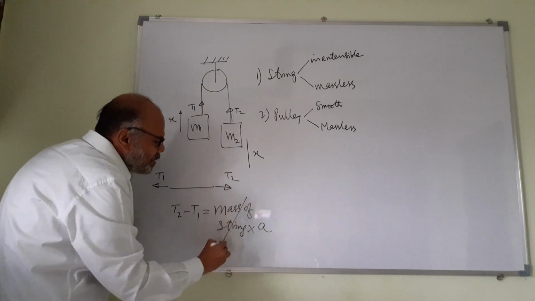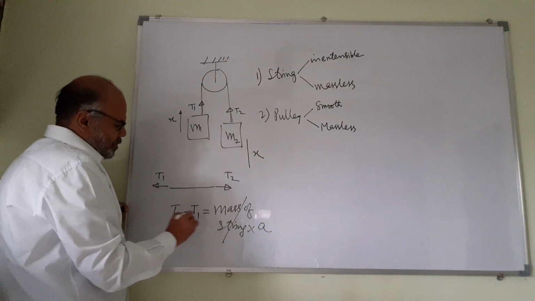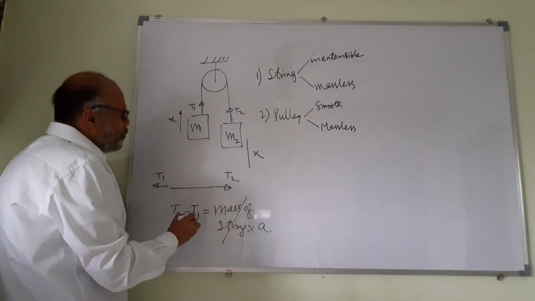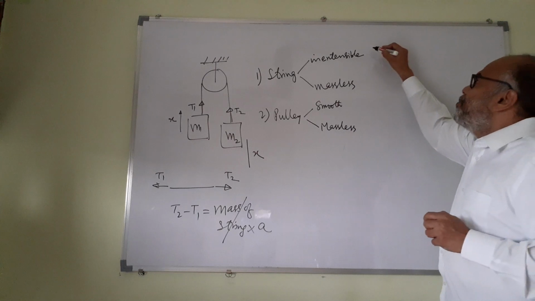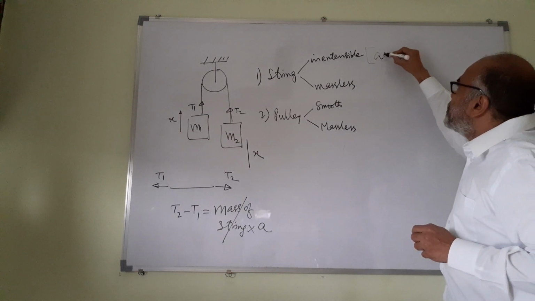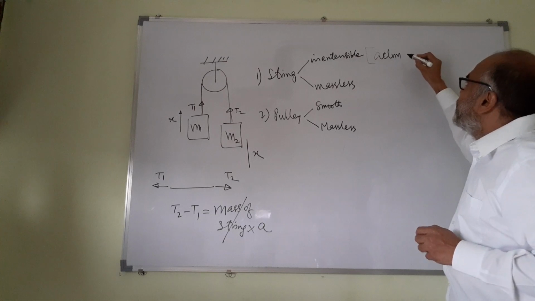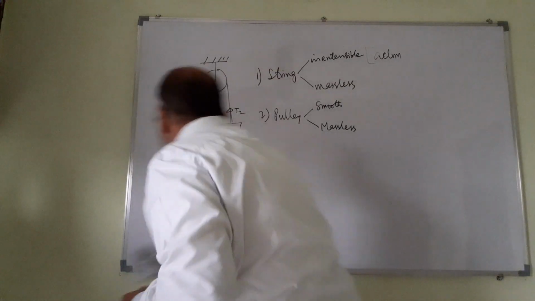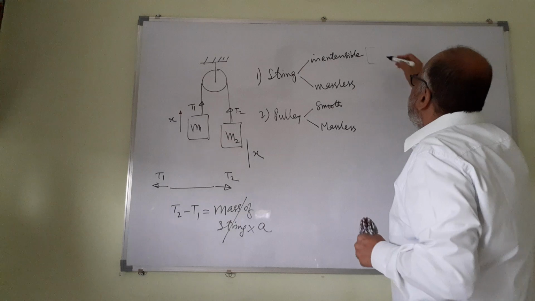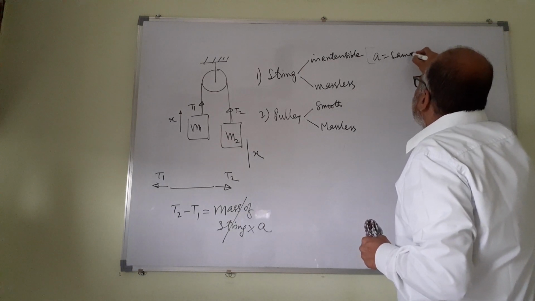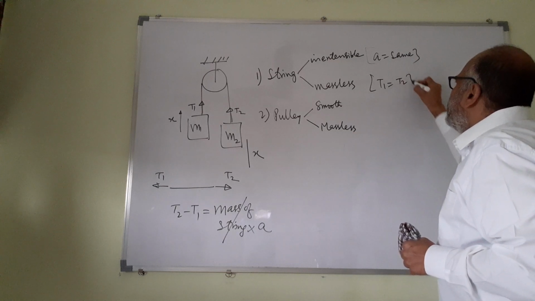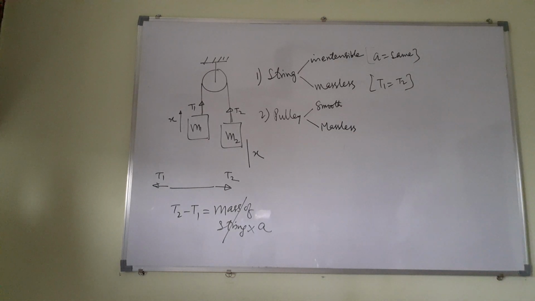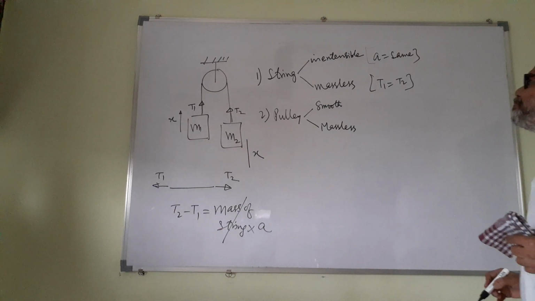If the mass of the string is negligible, T2 minus T1 becomes 0, and so T1 equals T2. So if the string is inextensible, the acceleration is the same. And if it is massless, T1 equals T2, the tension is the same on either side. That is how these assumptions manifest.